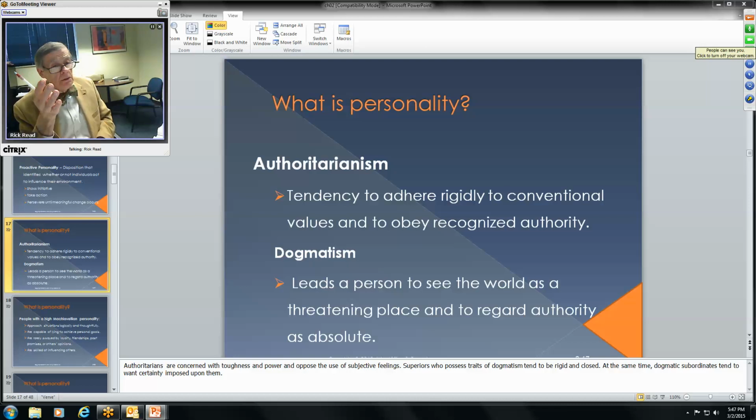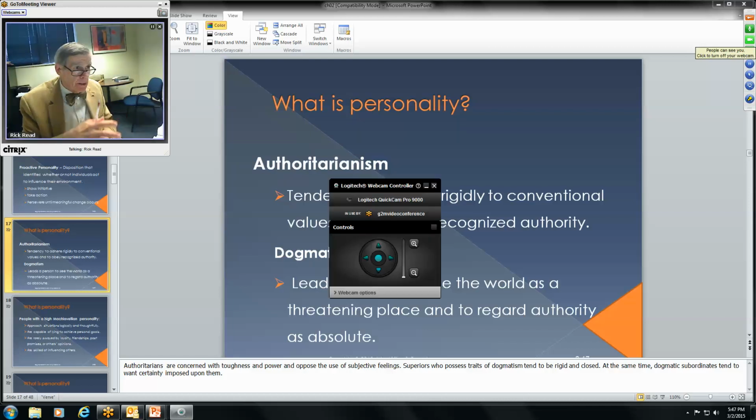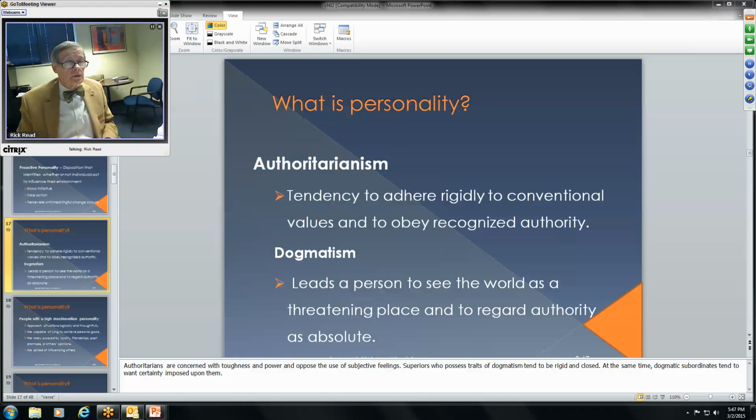It's either black or white. Dogmatism, notice it leads a person to think of what's going on in the world, of the world itself, as threatening, and that person believes that the only thing that will save him or her from that is reliance on authority, and authority being power.